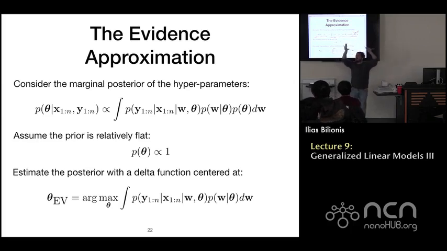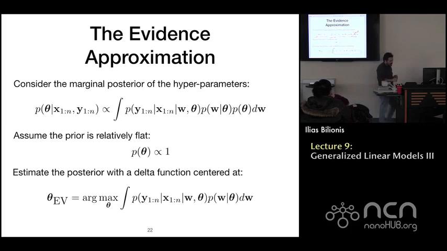So if you have enough data, it is going to work quite well. And it is convenient because you just need to be able to do this integral over the weights, and if you can do this integral analytically, then you can maximize over theta using a simple optimization algorithm.